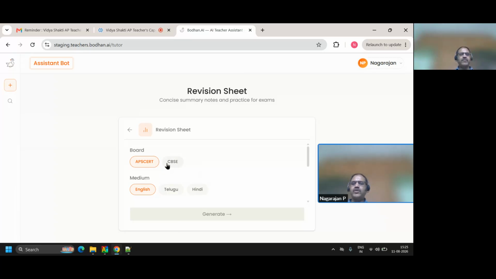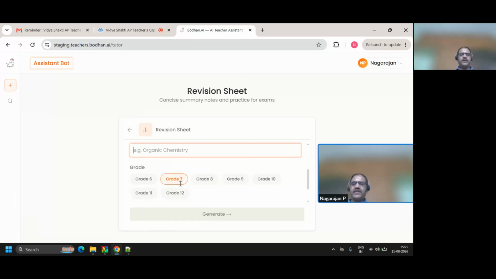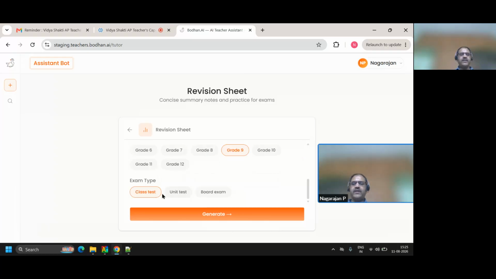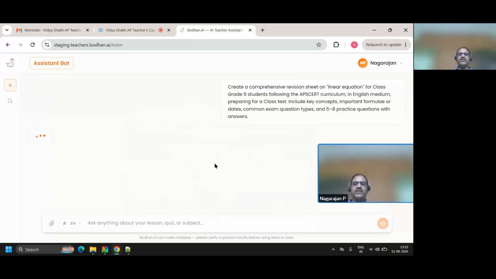So say APSRT, English medium, grade 9, and linear equation. Whether you want it for a class test or a unit test or for a board exam, say I need a revision sheet for a class test, and then say generate.